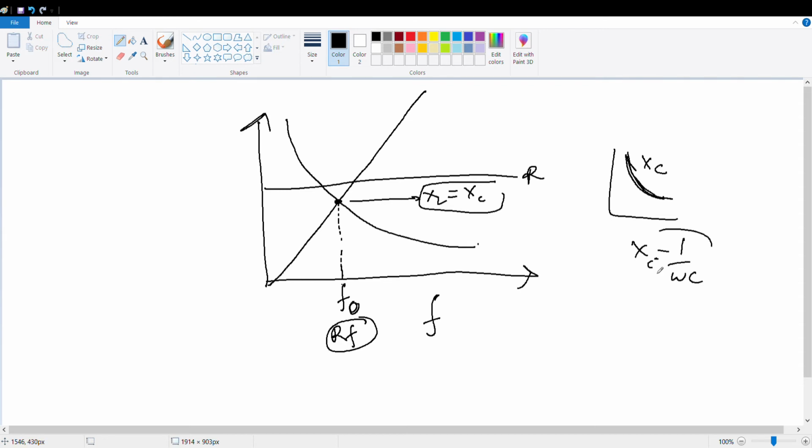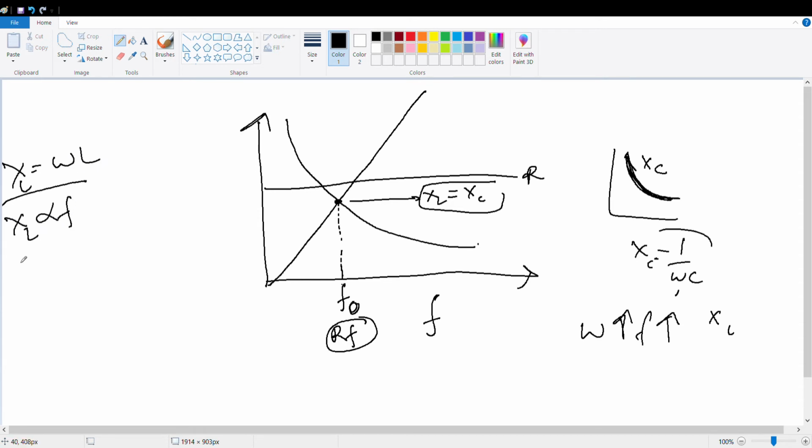It is decreasing with increasing omega. With increase in omega or increase in F, your XC is decreasing. But XL is equal to omega L, so XL is directly proportional to the frequency. With increasing frequency, the XL is increasing, a straight line. So the point where the XL intersects the XC, that point on this axis is the F naught. Is it clear?